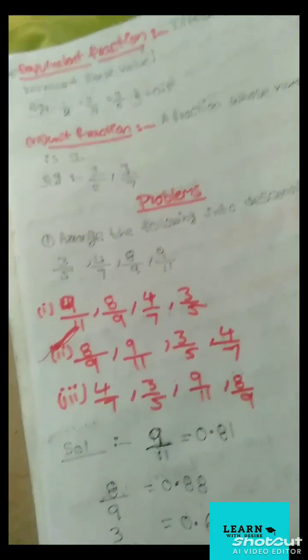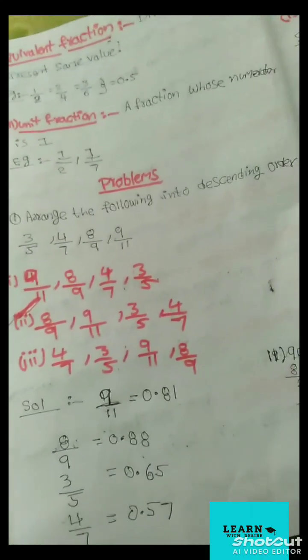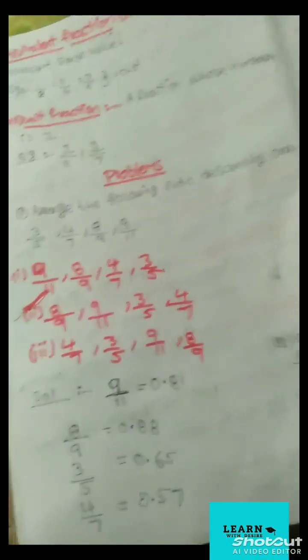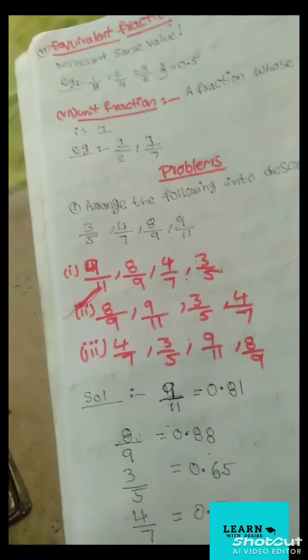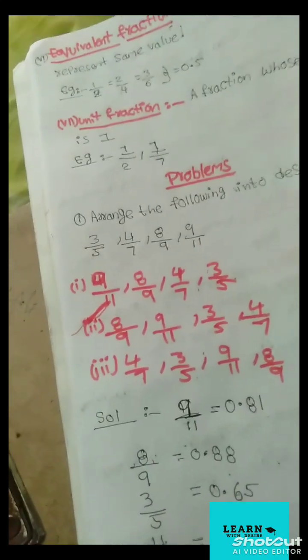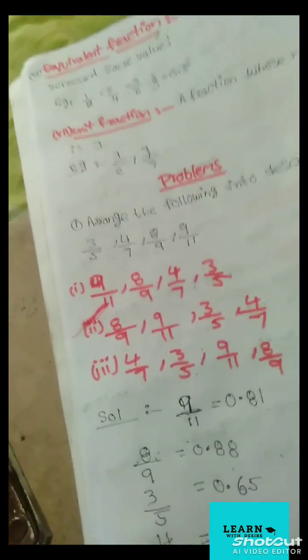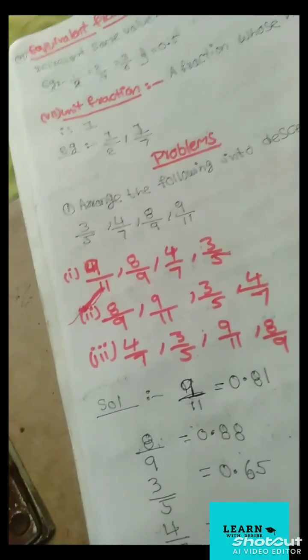Now let us see the problems. Here the problem is: arrange the following in descending order. Here they give 4 fractions, that is 3 by 5, 4 by 7, 8 by 9 and 9 by 11, and they give 3 options. We have to choose the correct option.